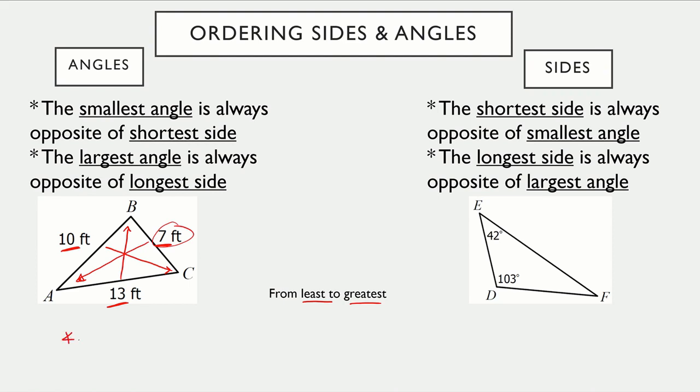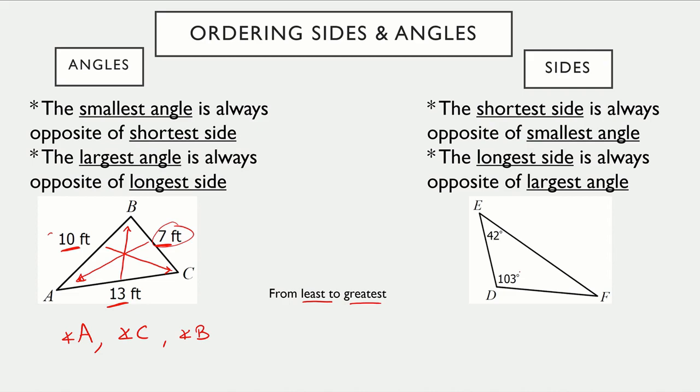So here, my smallest angle, or my least angle measurement, would be angle A. Then the one in the middle is 10, and that would be angle C. And the largest side is going to go across the largest angle, which in this case is angle B. The same thing goes for the sides and the angles: the biggest side is going to go across our greatest angle, and the smallest side is going to go across the smallest angle.